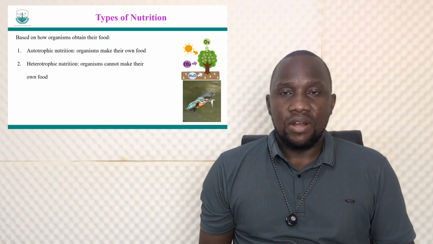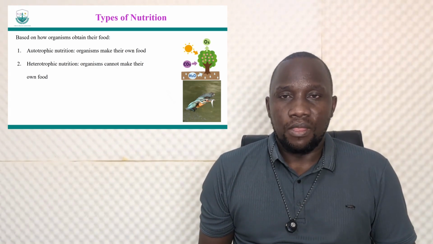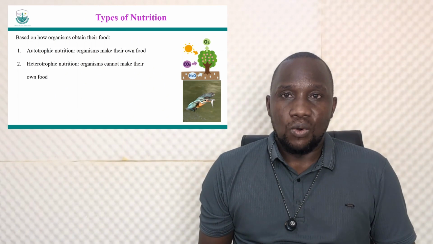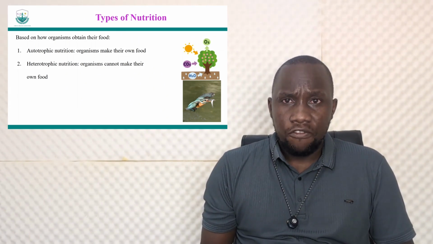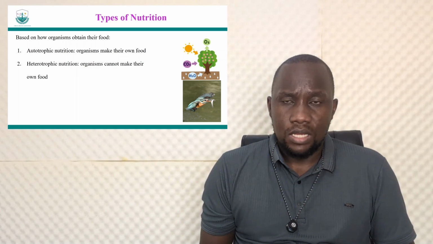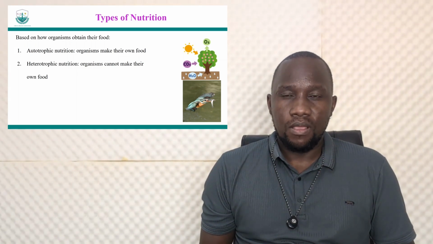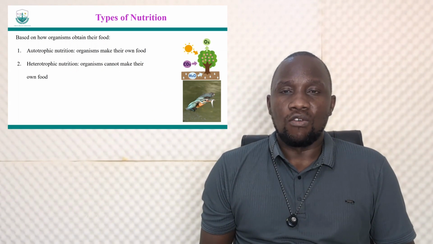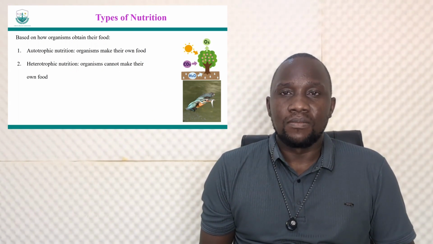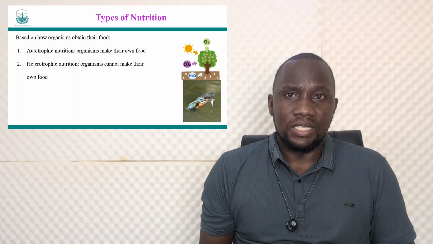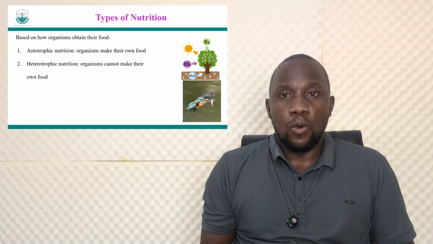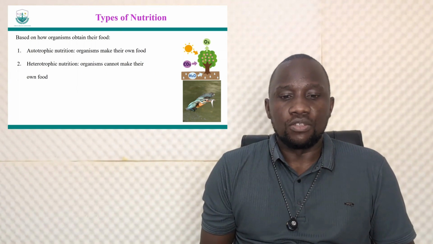We broadly categorize nutrition into two, based on where organisms obtain their food from. If organisms make their food through the use of sunlight energy or any other form of energy, then we say that is autotrophic nutrition.